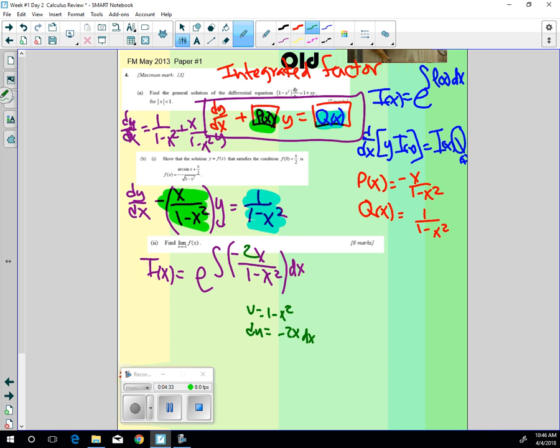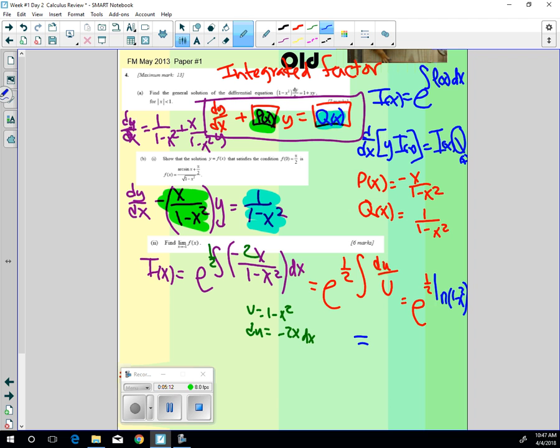So all I need is this, right? This is going to come into play heavily in the future, because now what you have is e to the 1/2 integral of du over u. And what is the antiderivative of du over u? Natural log of u, 1 minus x squared.